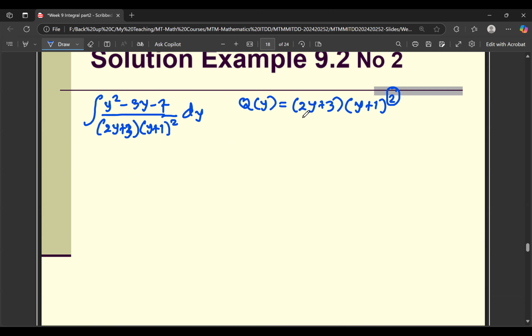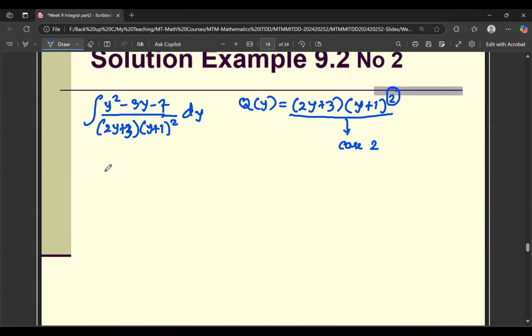So we can decompose it. We will have case two combined with case one for the first factor.